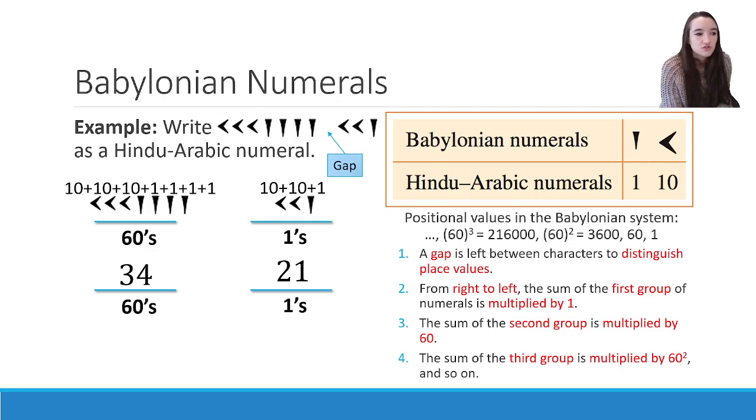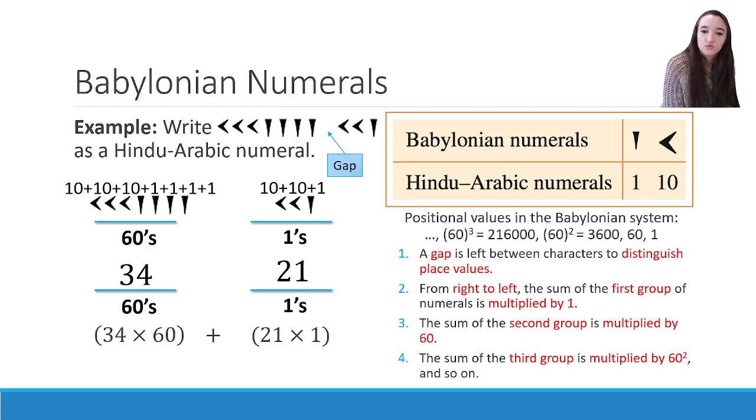We need to utilize these positional values. So in any positional value system, we take the number in the position and multiply by the position itself, and then add everything together. So 34 times 60 plus 21 times 1.